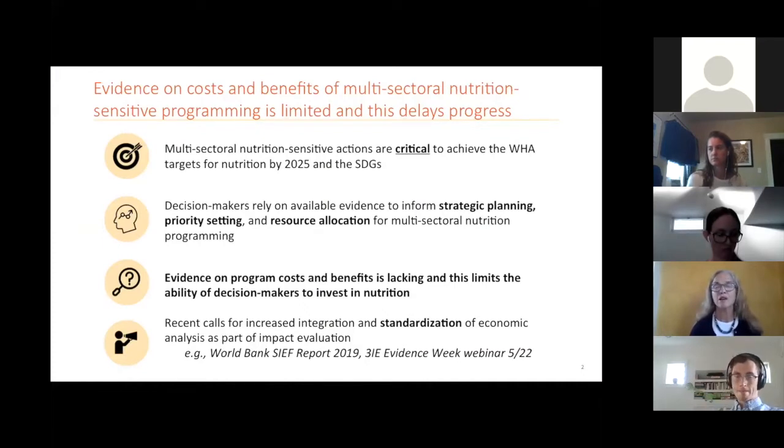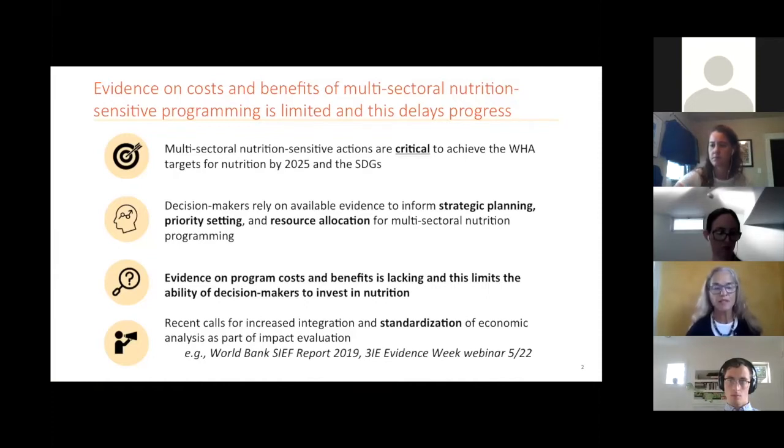But evidence on costs and benefits is essential for achieving our World Health Assembly targets and for achieving the SDGs. Other sectors, especially global health, rely on economic evidence to make their case, and we need to catch up and generate robust data for that.